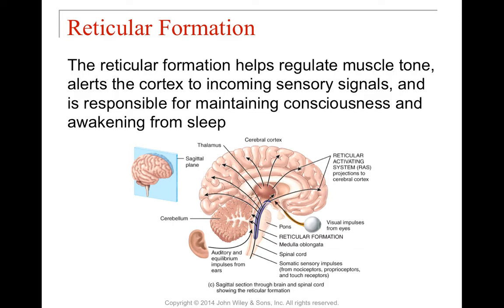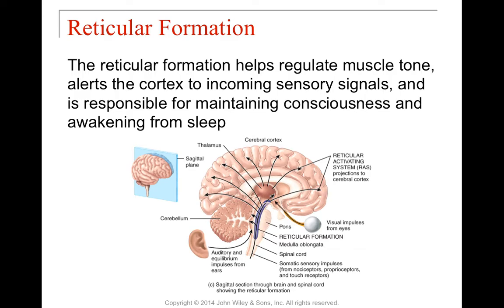So the reticular formation is a broad net-like region that extends from the superior part of the spinal cord all the way through the brainstem and into the inferior part of the diencephalon up in here. And it is going to be comprised of gray matter interspersed among fibers of white matter with both sensory and motor functions. And the ascending portion of the reticular formation is going to be called the reticular activating system, or the RAS.